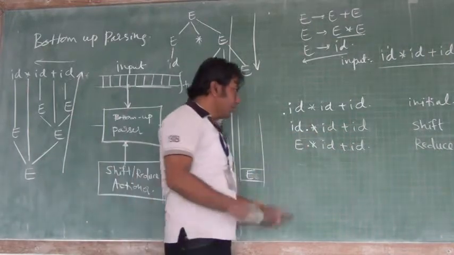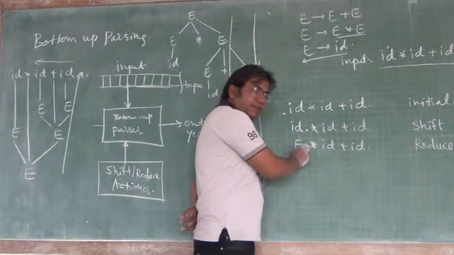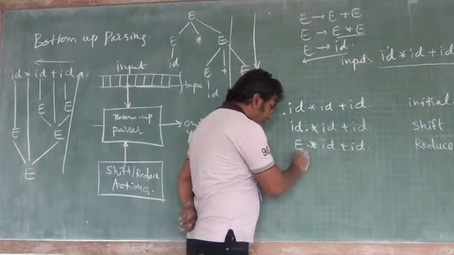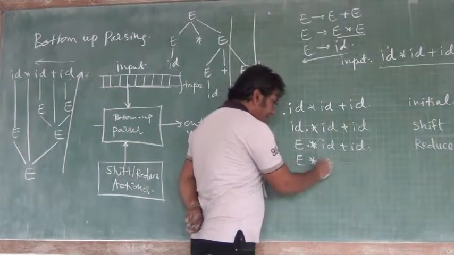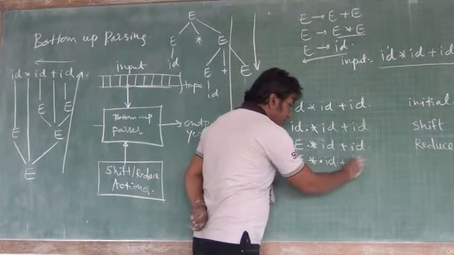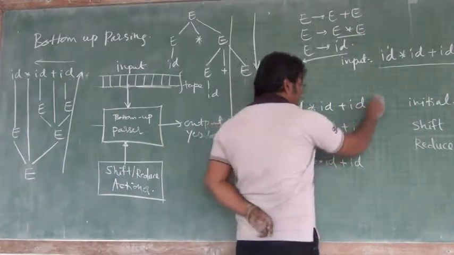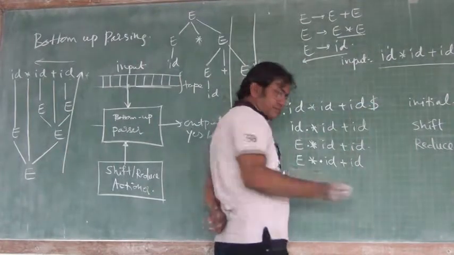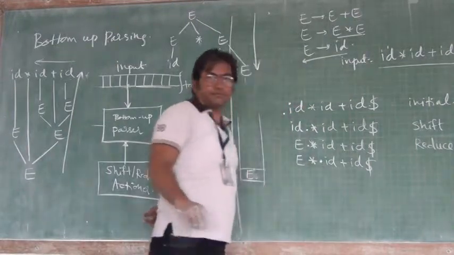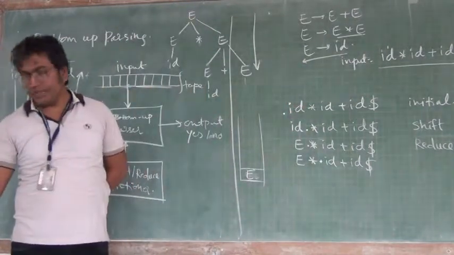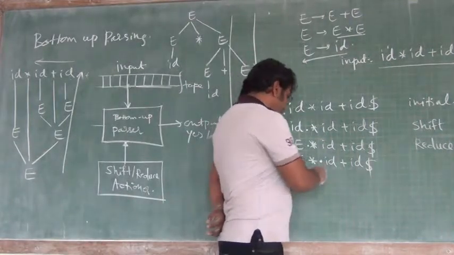After reduce, whether to shift or not, since I am having a terminal, wherever you find the terminal, do shift. So after shifting, my reading head comes to here, and the rest of the string is as it is. And you should not forget that your string is marked by a dollar sign to indicate the end of the string.